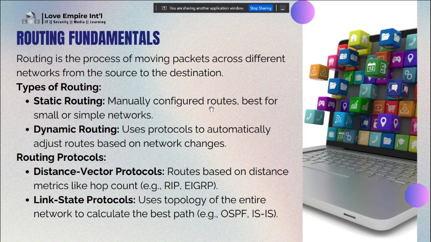We have link state protocols. These use the topology of the entire network to calculate the best path. When we started with networks, I talked about network topology, where we have the star, the ring, the bus, and all of that.